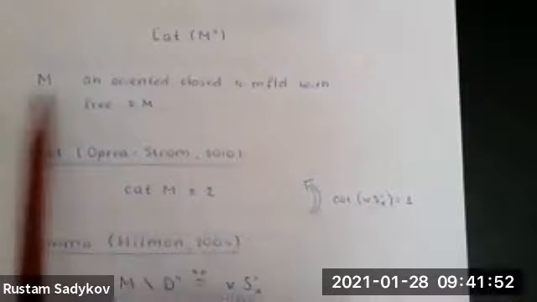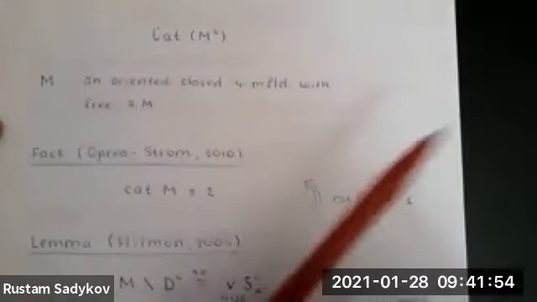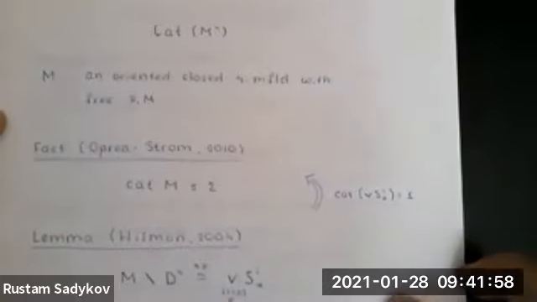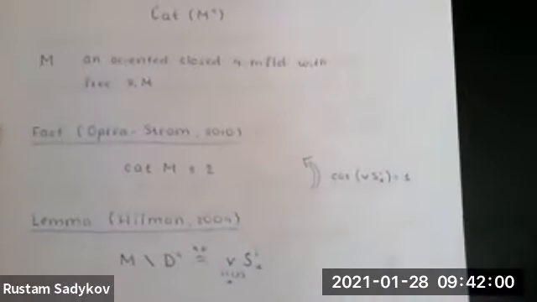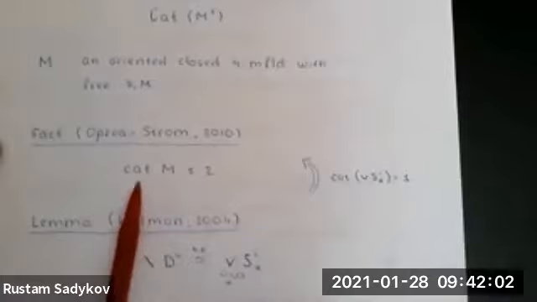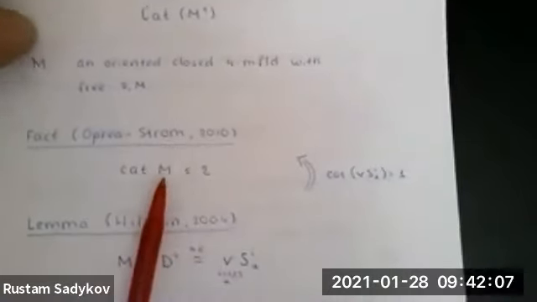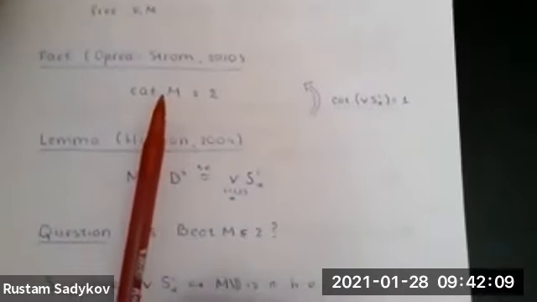So suppose that the manifold M is an oriented closed manifold with a free fundamental group. Then Aprea and Strom observed that in this case, the category of M is at most 2. And this is how the argument goes.